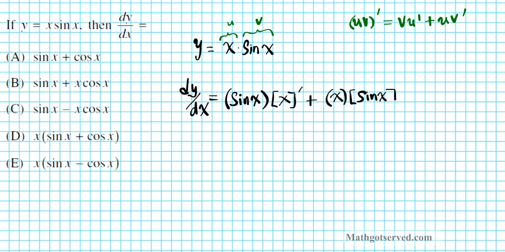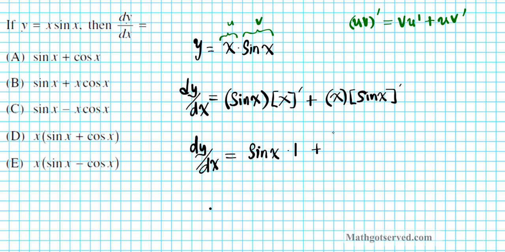Okay? All right, so let's use our differentiation skills here to finish this problem off. dy/dx is equal to sine x times the derivative of x, which is just 1, plus x times the derivative of sine x.